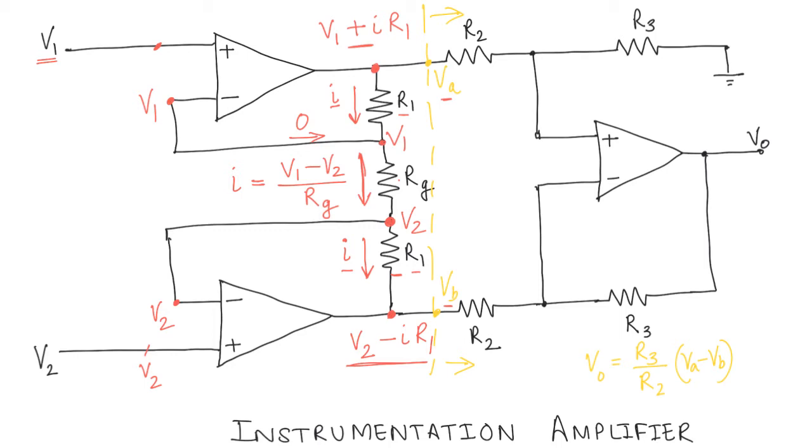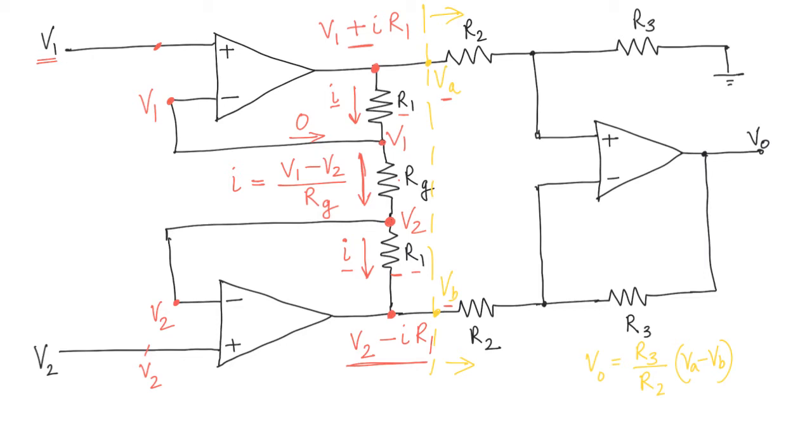So let me just clear a bit of space here and let's write the equation for V output now. So what is V output going to be? V output is going to be, we already said, R3 over R2 times (VA minus VB). So R3 over R2, and then we write VA, which is V1 plus I R1, minus VB, which is V2 minus I R1.